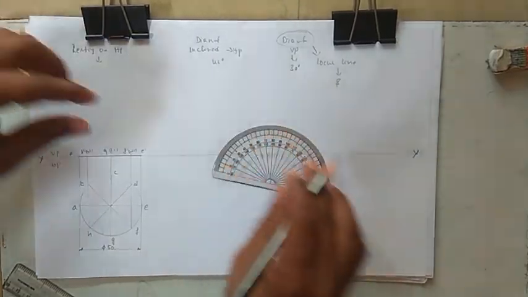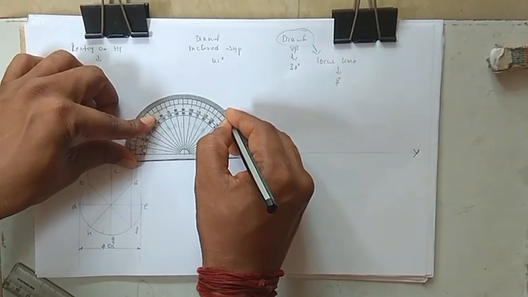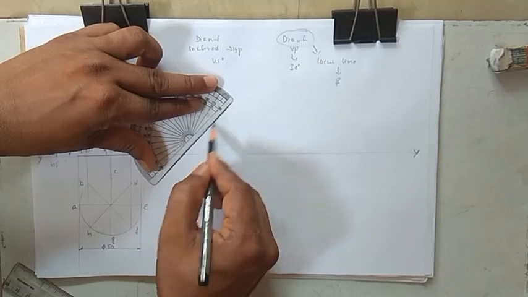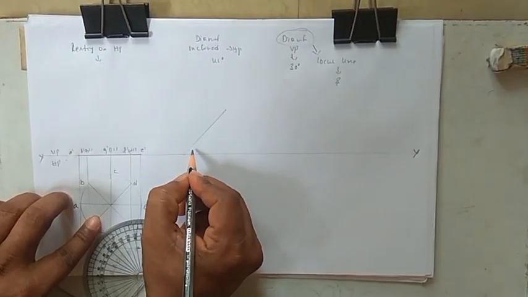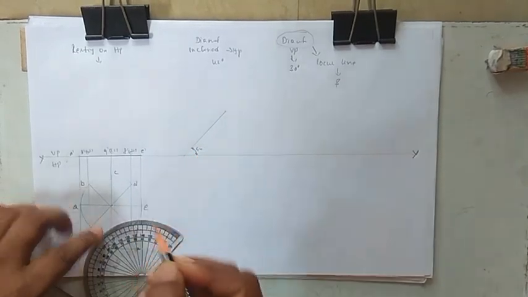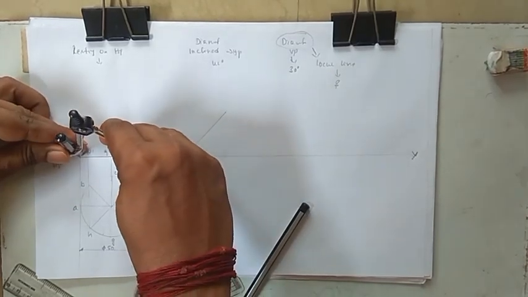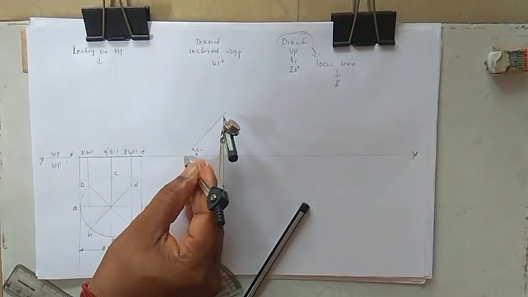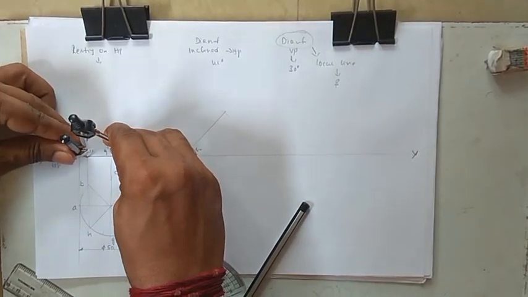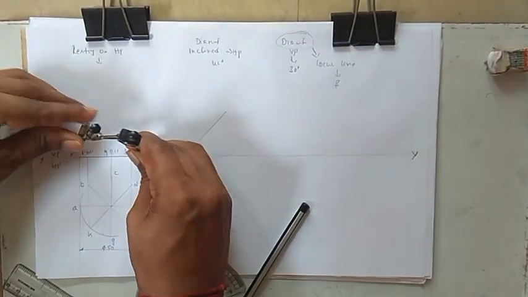Now this diameter is inclined at 45 degrees. Take any one reference point, keep the protractor and take 45 degrees, and draw a line. This line is 45 degrees. We know the length is 50, so take this and cut it on the first line. Next, take each reference and cut from the one end.